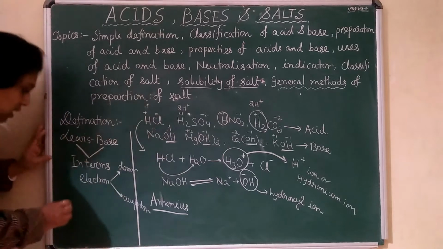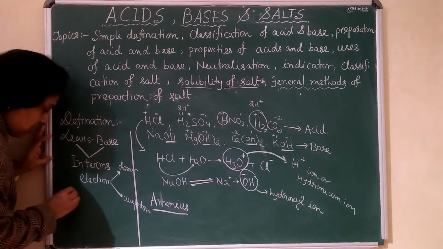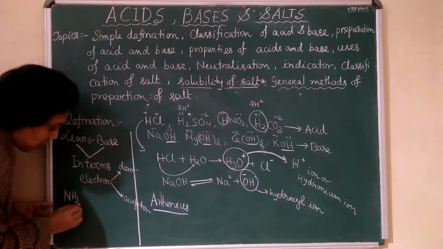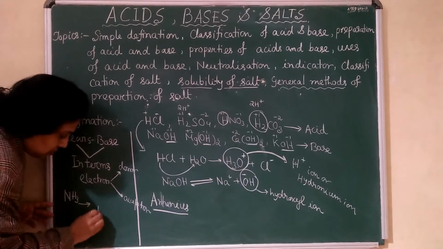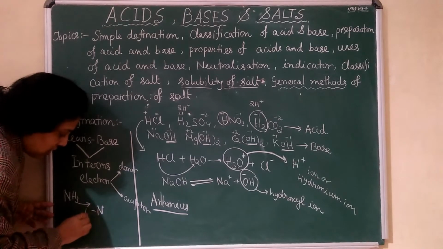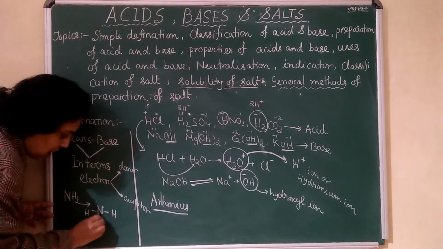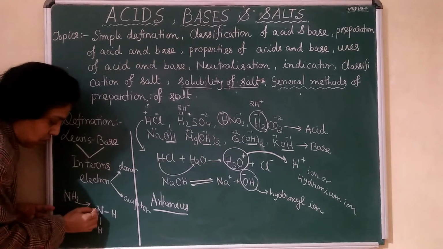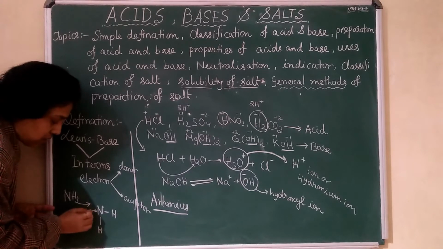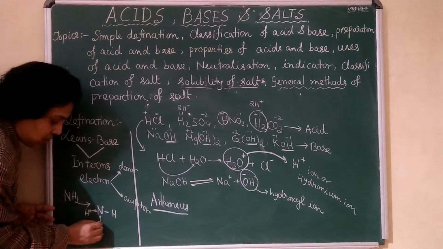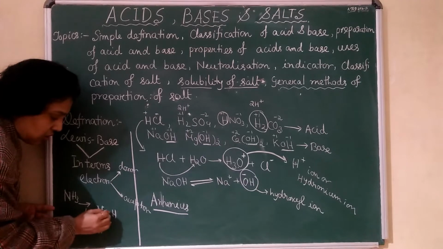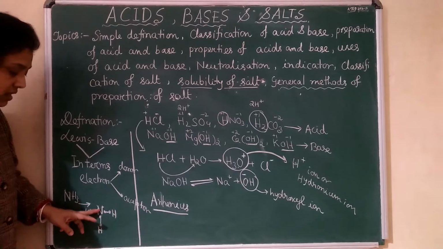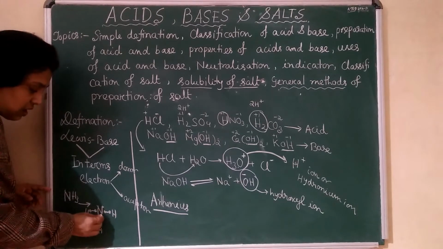For example, one example in your textbook is ammonia. Now please draw the structure of ammonia. Three hydrogens. How do these 3 bonds form? One electron from nitrogen, one electron from hydrogen, and the same for the others. But nitrogen's valence electrons are 5, so 3 are already given.